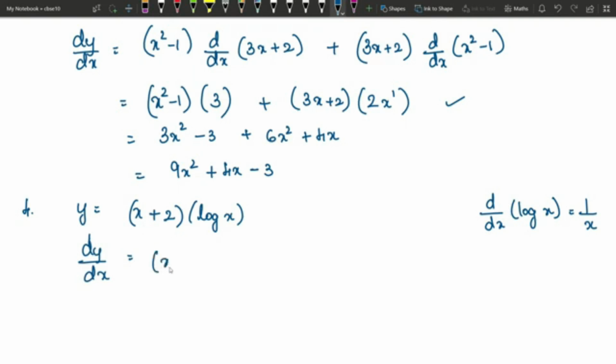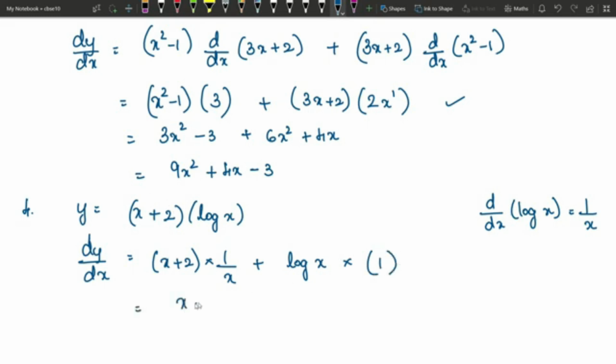First function I will write as it is, which is x plus 2. Derivative of the second function, the derivative of log x is 1 by x, plus the second function I will write as it is, into the derivative of the first function. The derivative of x is 1 and the derivative of 2 is 0. So you are going to get just log x.